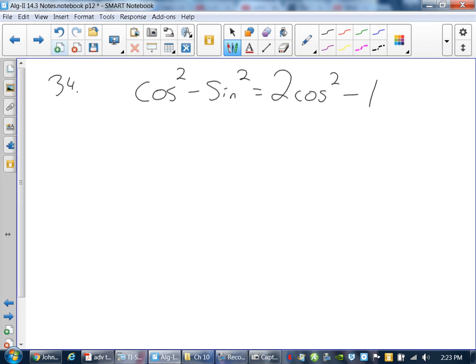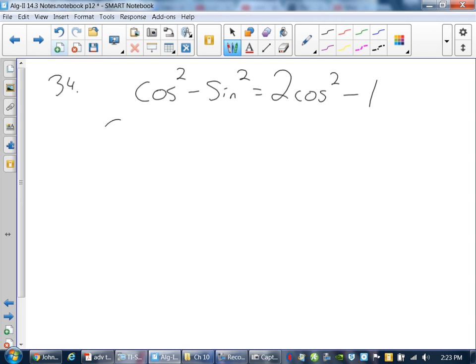So sine squared can be rewritten as 1 minus cosine squared. We used that trick back in 14, with a couple of the equations, so it wasn't terrible.